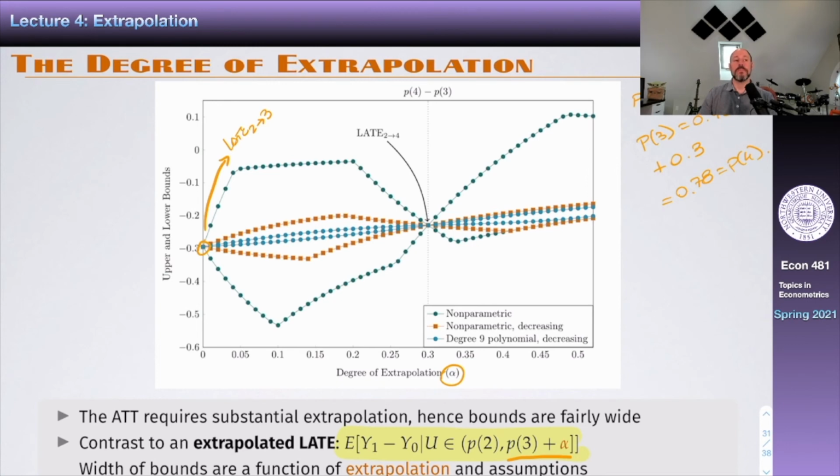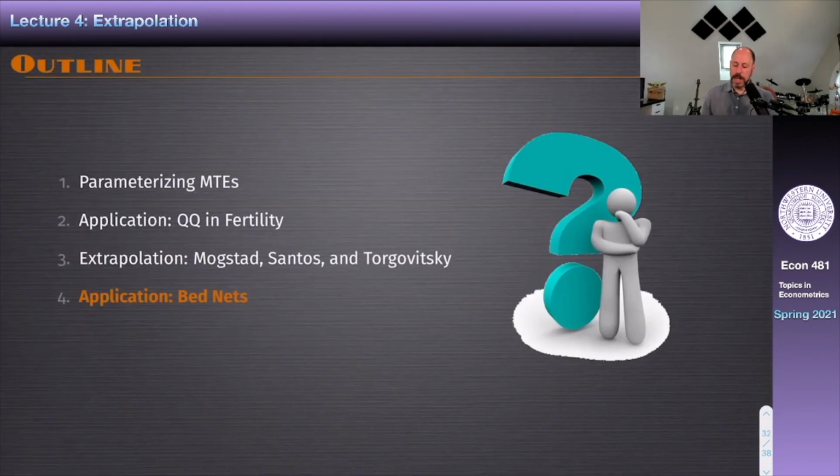Okay? So this shows you, and again, is an example of a policy relevant treatment effect type of parameter where you just increase the propensity score for these individuals. Of course, if you just keep increasing, at some point you hit a value that you observe as well, okay, which in this case is 0.78. So I thought it was a cool picture. All right, questions so far?